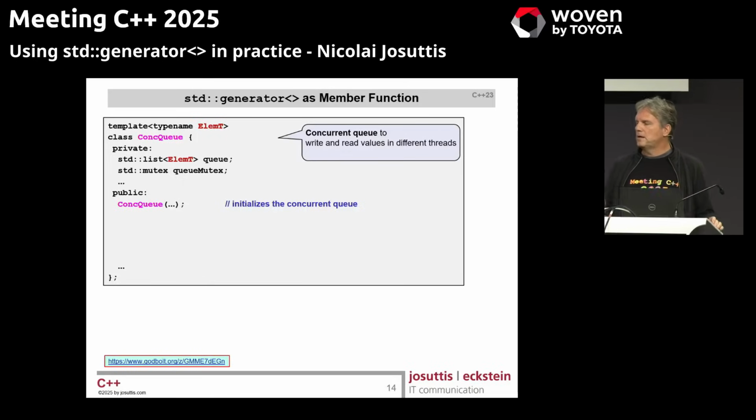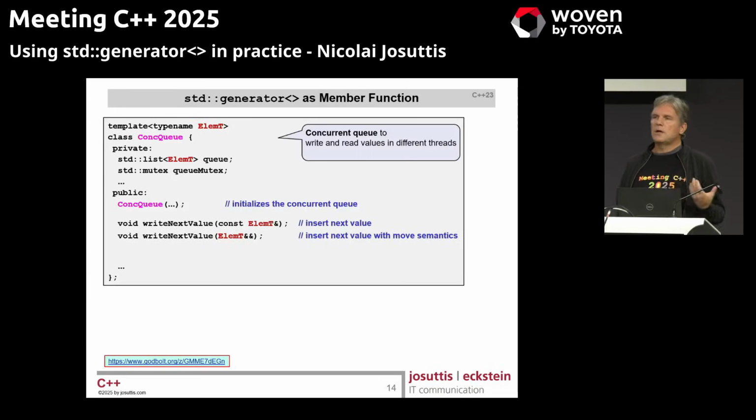I call this here of type T. We store them in a queue with the necessary protection because multiple threads may be used. And so after initialization, we might provide some call like write the next value into the queue, with and without move semantics, all details. And then now this might be the part of the ConcQueue where we collect data.